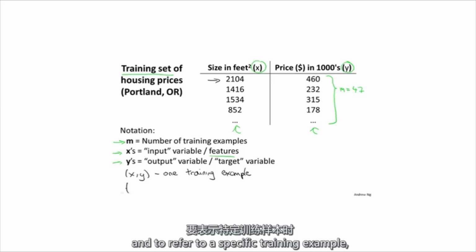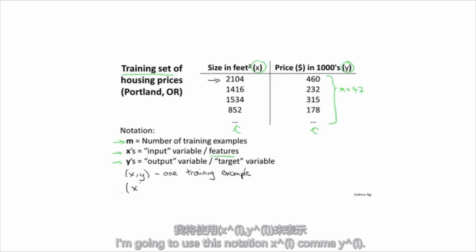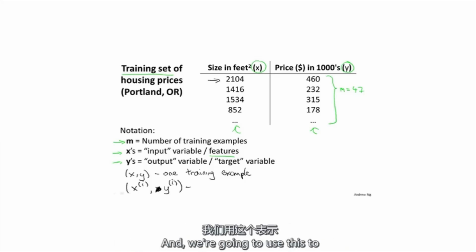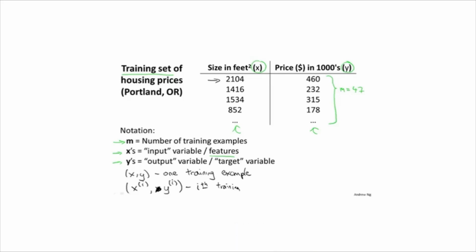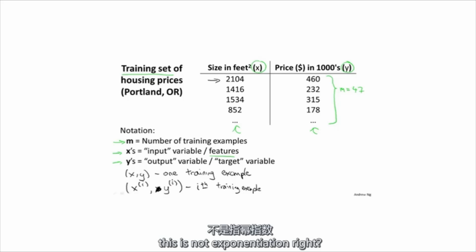And to refer to a specific training example, I'm going to use this notation (x^(i), y^(i)) to refer to the ith training example. Right? So this superscript i over here, this is not exponentiation.